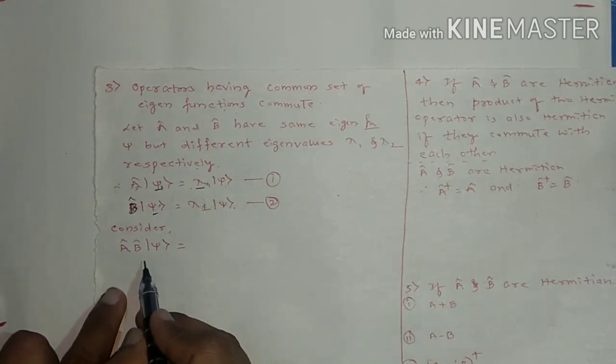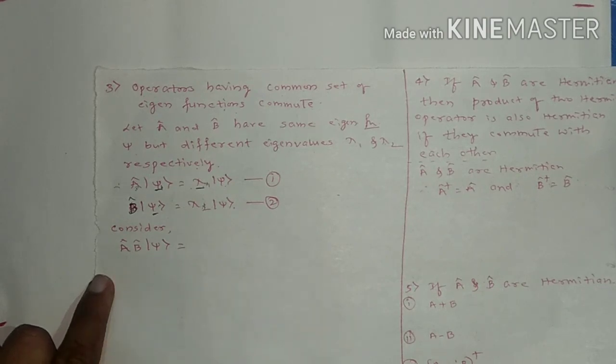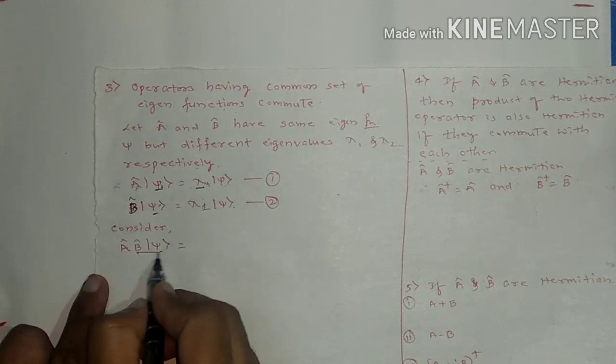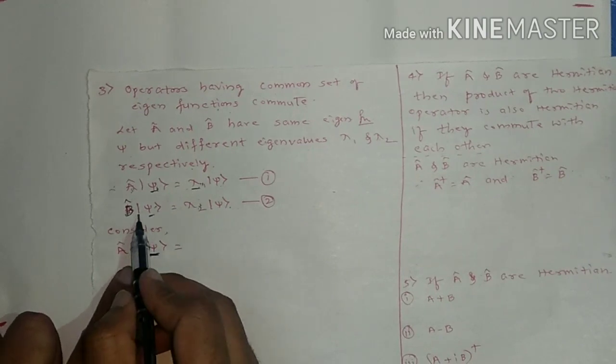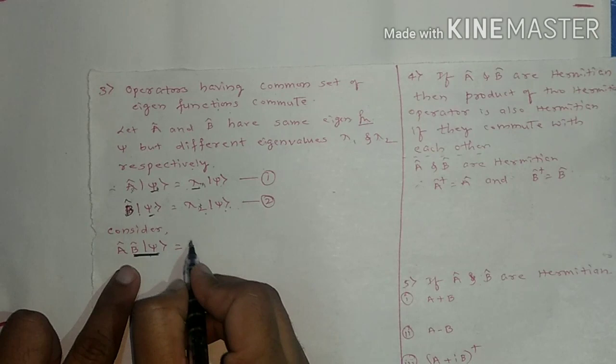Now consider the product operator A into B operating on the eigenfunction psi. Let us say that B is operating on psi first, then we get lambda 2 psi. A remains as it is.